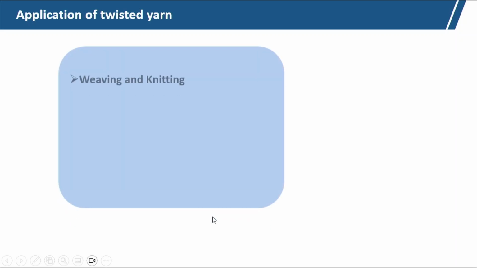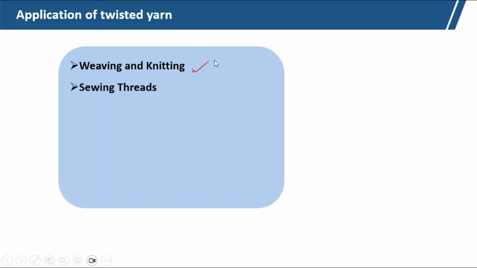Application of twisted yarn: weaving and knitting, for which we need twisted yarn. For sewing threads, ropes and cords, we cannot use a single filament.